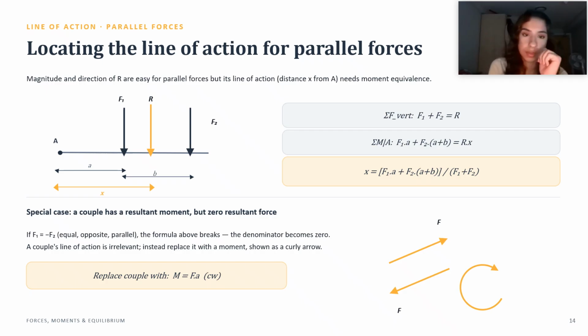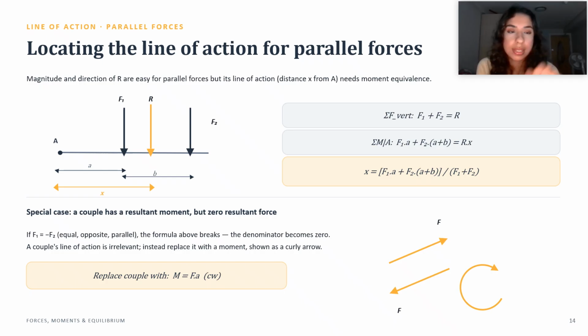We use moments. We only have one pivot here, and we're going to find the moment about that pivot. We have the distances A and B, F1 times A plus F2 times A plus B, okay? The reason it's A plus B is that's the full distance between F2 and A.